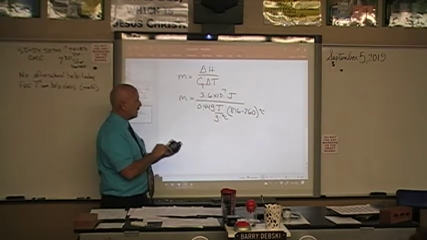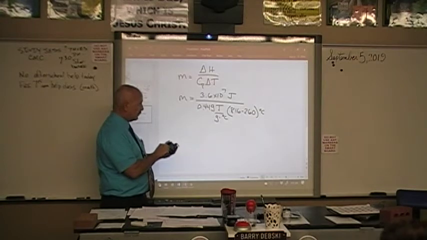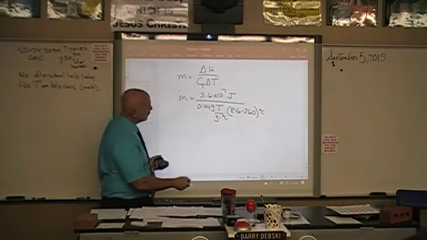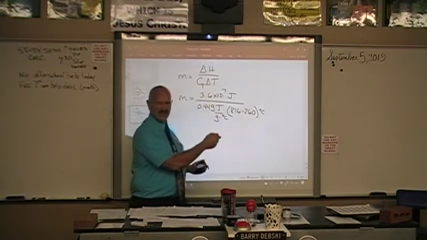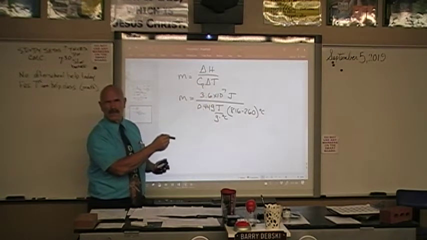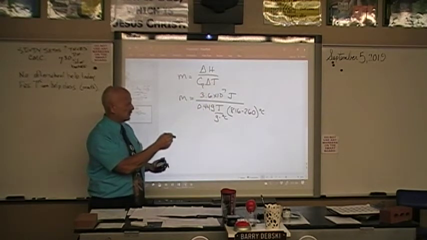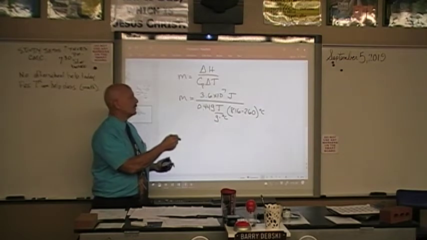3.6 EE7 divided by 0.449 divided by 756, 746. Anybody know? Why are you dividing the 816 minus 260?